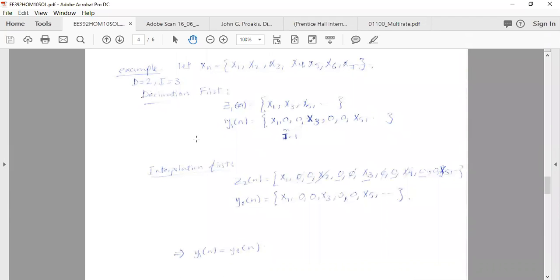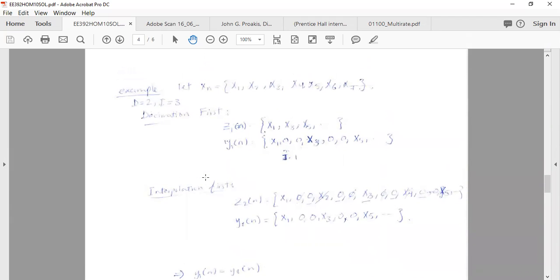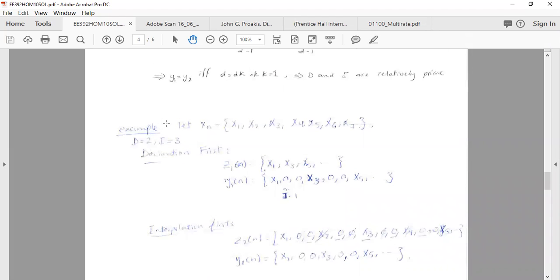There's an example sequence given over here. Let's say two relatively prime numbers are picked, 2 and 3 in this particular case. We have a sequence x of n equal to x1, x2, x3, x4, x5, x6, and so forth. If we decimate this signal with d equal to 2, after the first element we remove how many elements? One.